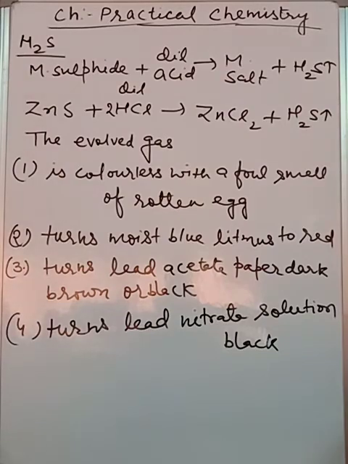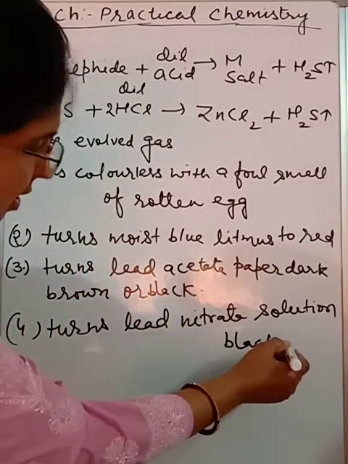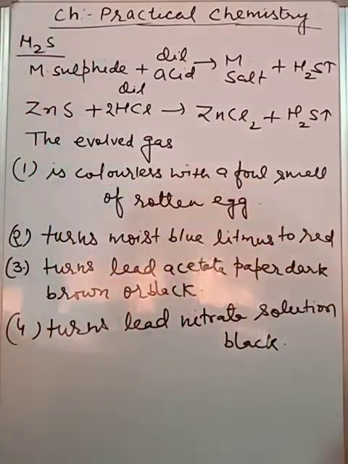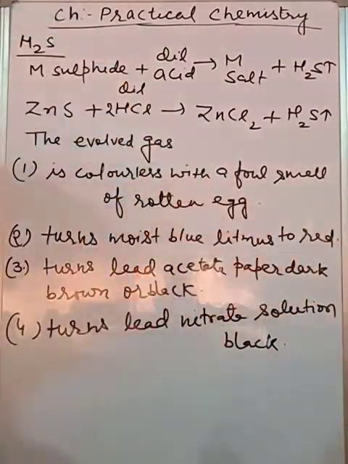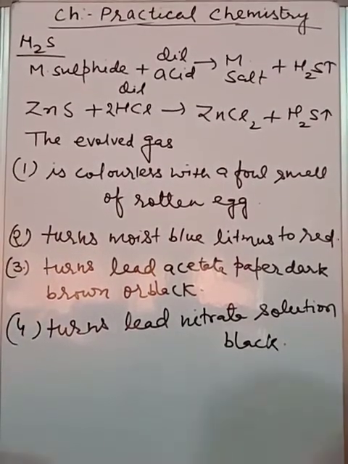Now we are going to discuss HCl and ammonia, and both of these we will discuss together. Why? Because there are some similarities between these two. So regarding H2S, all points are clear to you. Now we will discuss HCl first, then ammonia.